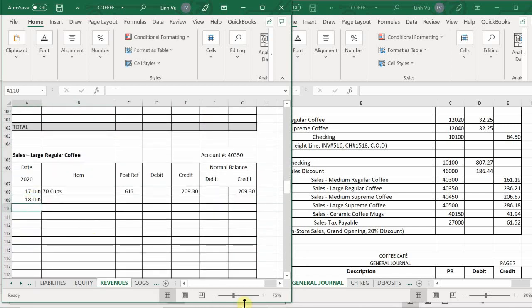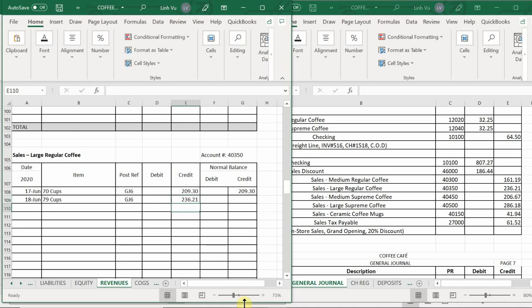We sold 79 cups. Plus 36.21. 445.42. The price is 236.